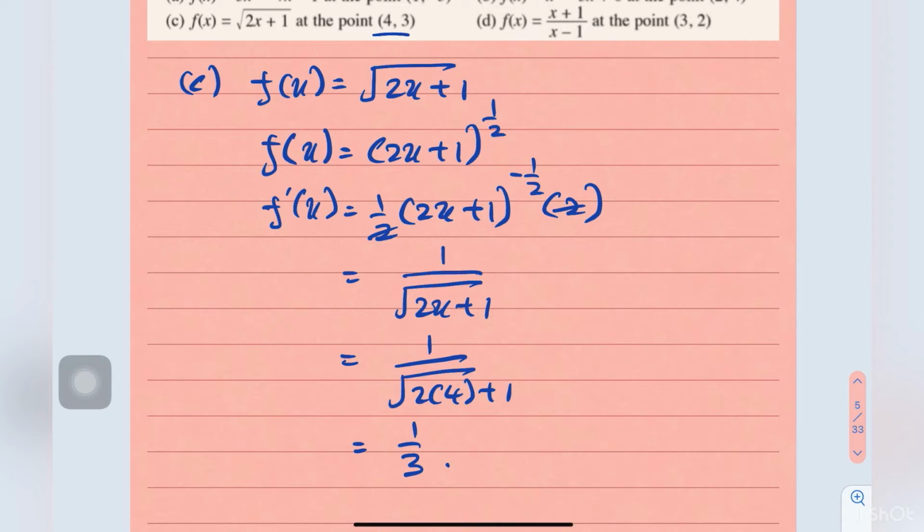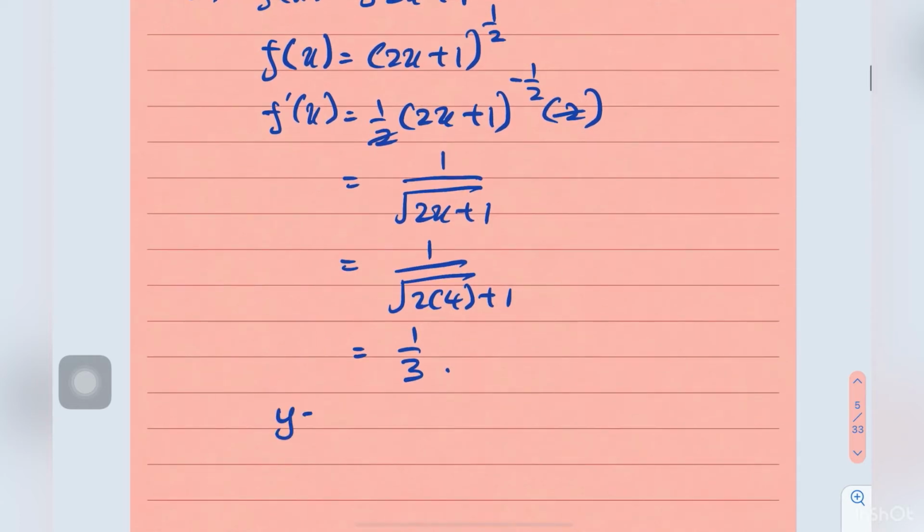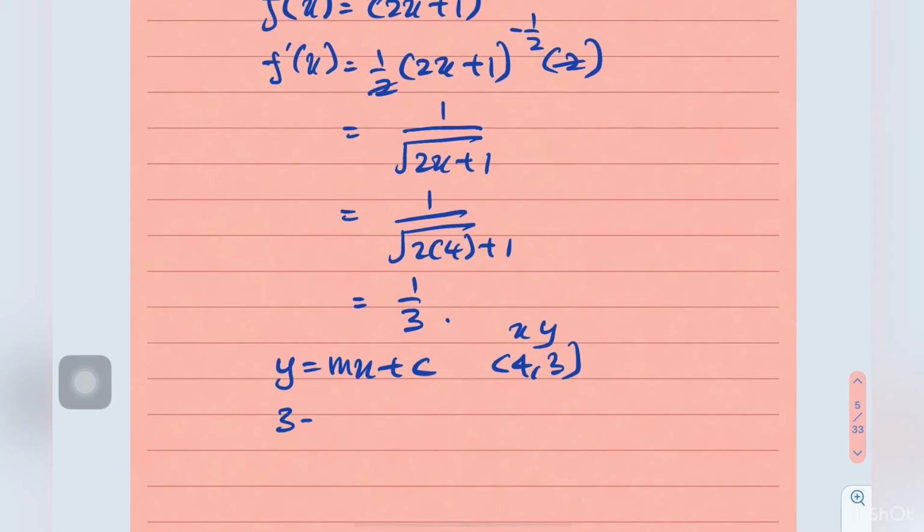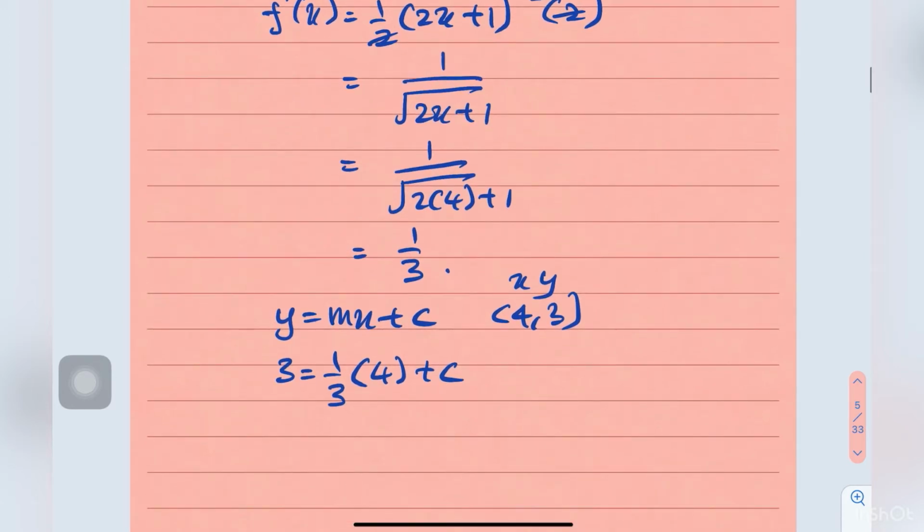Okay, so equation of tangent y equals mx plus c. We have point 4, 3, coordinate x and y. So we substitute 3 equals m is 1 over 3, x is 4 plus c. Then we get c equals 3 minus 4 over 3.